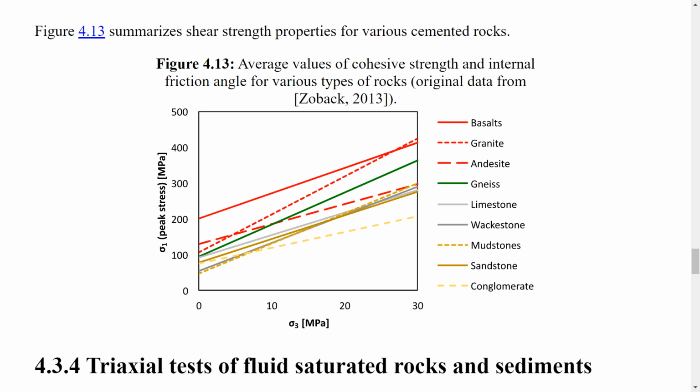Some others not that much. And if we have an uncemented sand, it will go straight to 0. And the bigger the slope, also the bigger the friction coefficient. You may see also more or less that there are some igneous rocks like granite that have a bigger friction coefficient than sedimentary rocks usually have.